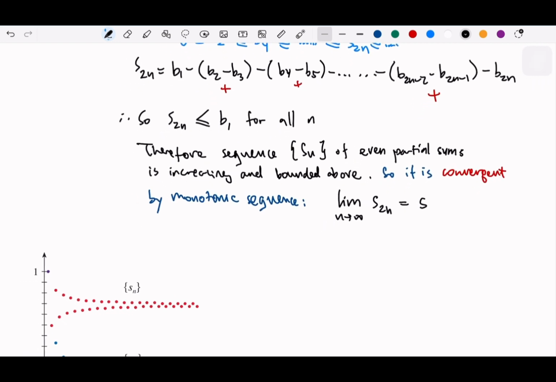The same thing is happening for the odd partial sums. We take the limit. The odd will be S2n plus 1, the terms.